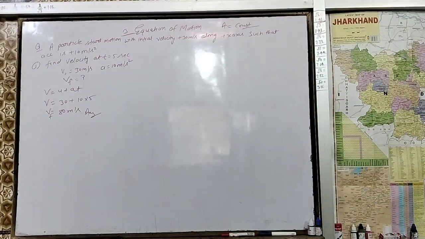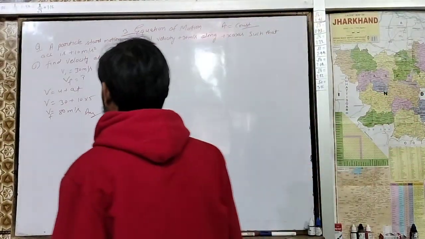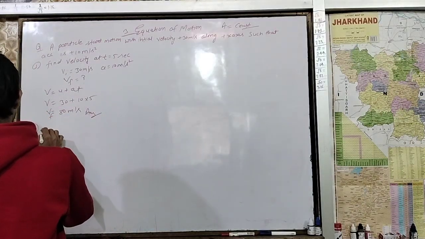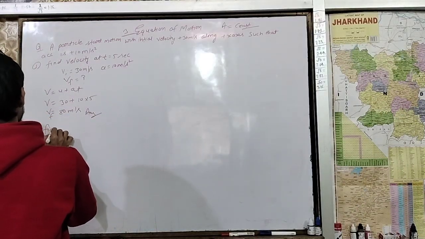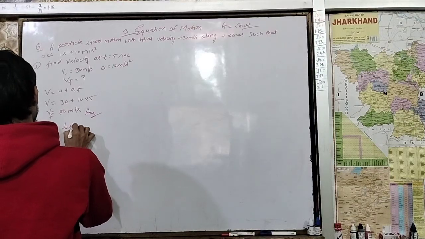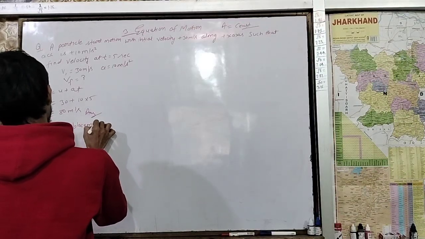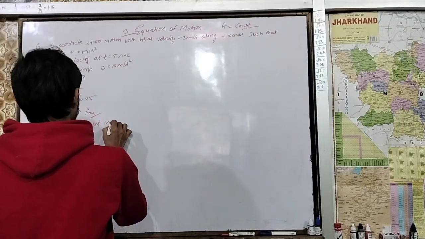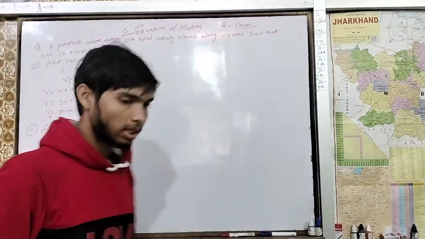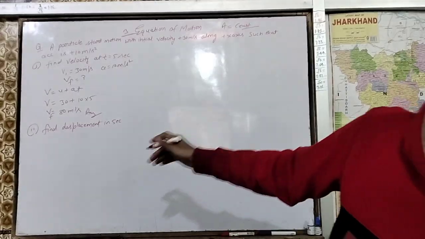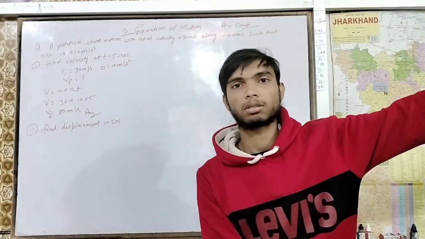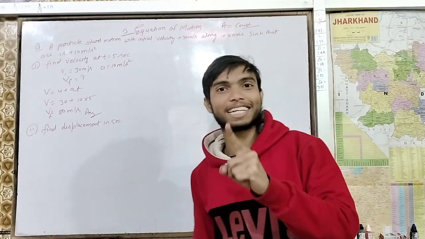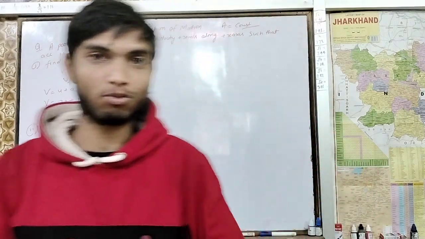Now let's take the next question. Find the displacement in 5 seconds. Time is from 0 to 5. In 5 seconds, how much displacement did he cover, from 0 to 5?